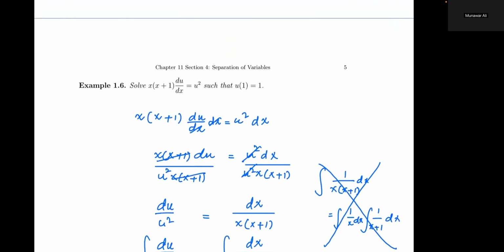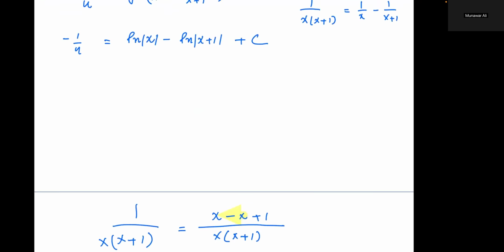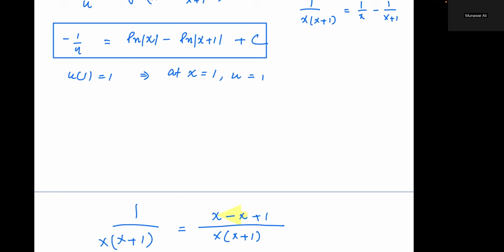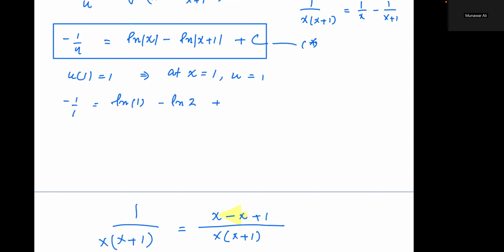Now it's time to introduce the initial condition, which is u of 1 is equal to 1. It means at x equal to 1, the value of u is equal to 1. So if I substitute this in this general solution, I'll get negative 1 over 1 equals natural log of 1 minus natural log of 2 plus c.